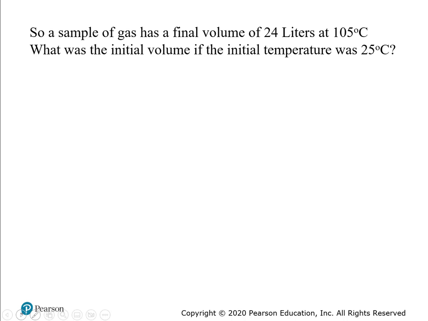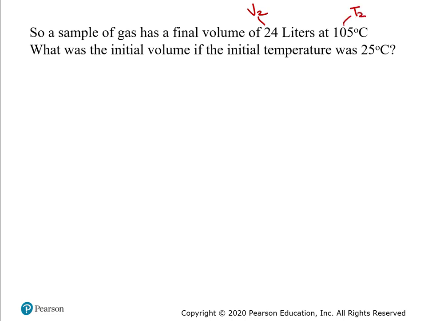So running through, a sample of gas has a final volume of 24 liters. So what is 24 liters? That's V2, right? Remember, liters is volume. If you see liters, it's volume. If it's 24 liters at 105 degrees Celsius, what's 105? T2.